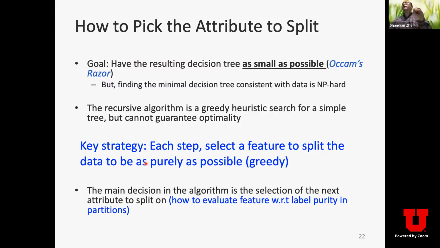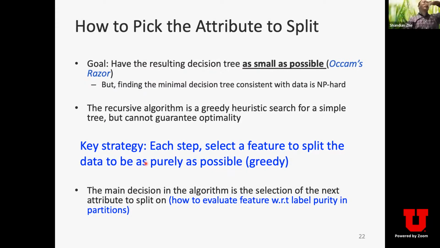But I want to emphasize that this is not a globally optimal strategy. It doesn't guarantee the global optimum, meaning that even if you follow this strategy, it might give you a tree in a few steps, right? Every step you create one more level of the tree. So it might give you a small tree overall, but it won't guarantee a globally smallest tree, because every time you fix the selection of attributes in the previous steps, you never backtrack.